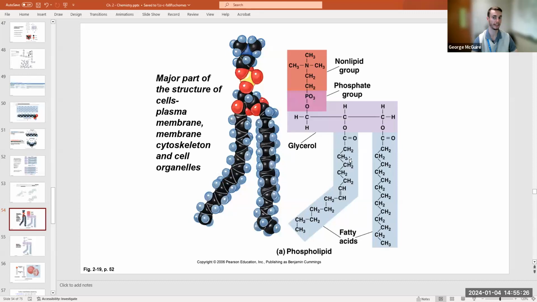So by creating this bend, it is now creating space between neighboring fatty acids. And because there is more space, that allows this lipid to be more fluid. There's more space to move around, and thus it is more likely to be liquid at room temperature or at our typical body temperature of 98.6 degrees Fahrenheit, right?